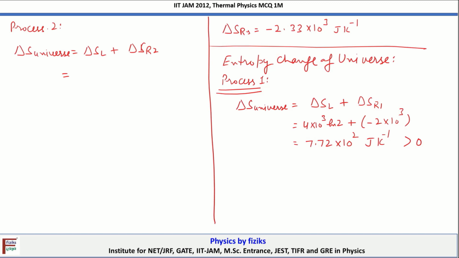Substituting the values we obtained in the previous page, 4 into 10 power 3 ln2 plus the entropy change of the reservoir in process 2, 2.33 into 10 power 3. So after doing the calculation, this will come out to be 4.42 into 10 power 2 joule per Kelvin. So this is our final answer.